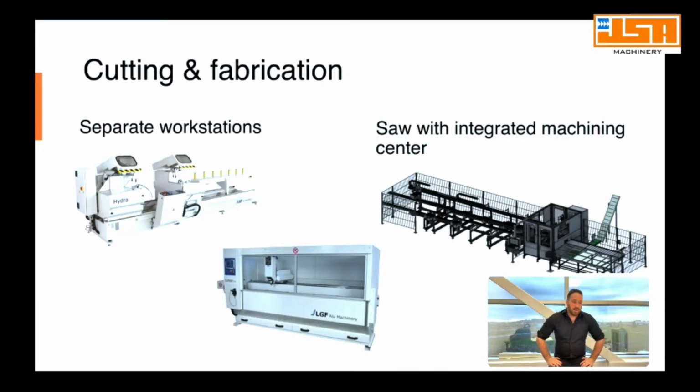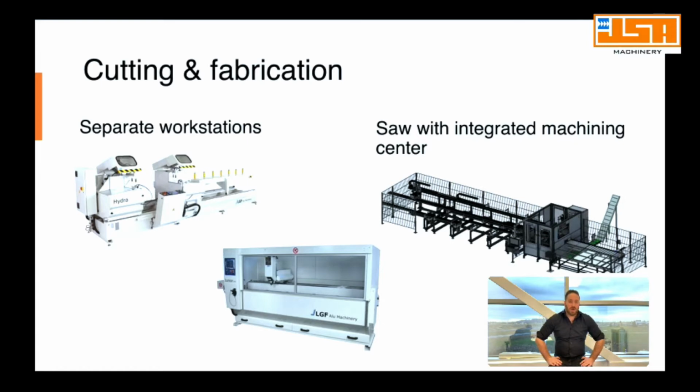If you're looking more at the other side of the screen, that would be a saw with an integrated machining center. The idea behind those saws is really to have only one workstation, with one employee loading and another employee unloading. Those saws are now capable of working at the same flow as a high-speed welder.